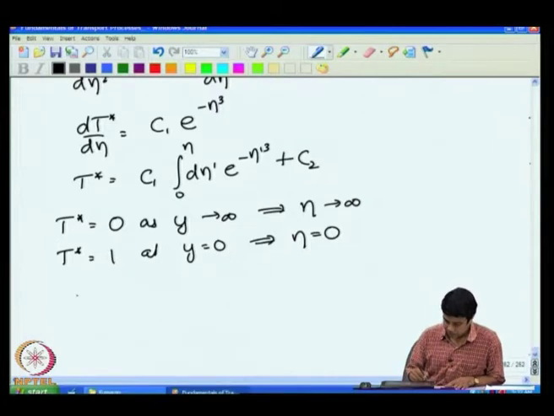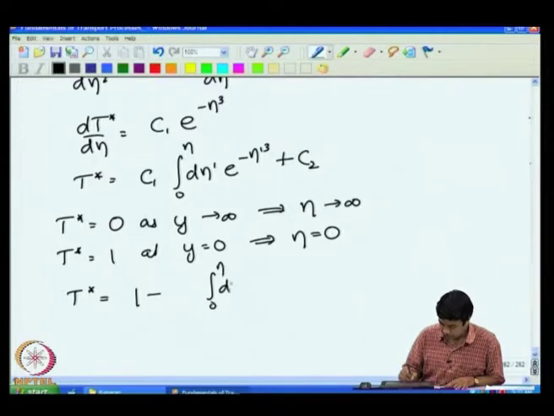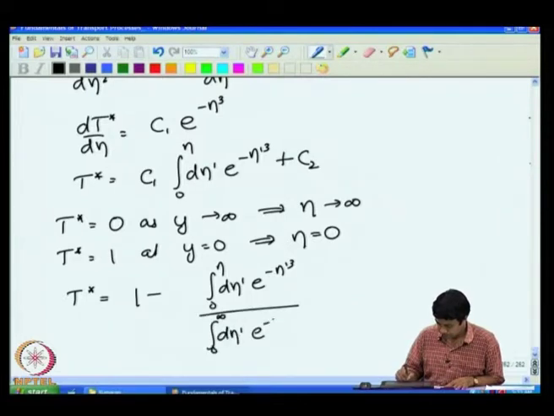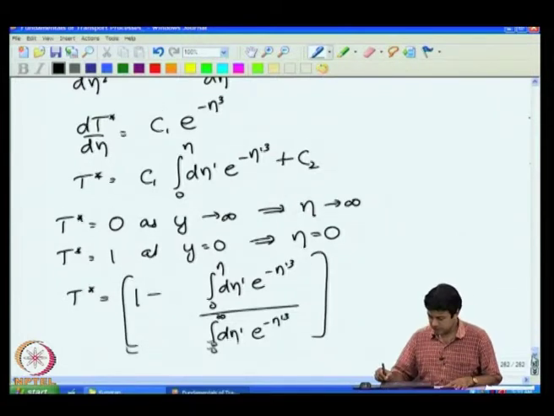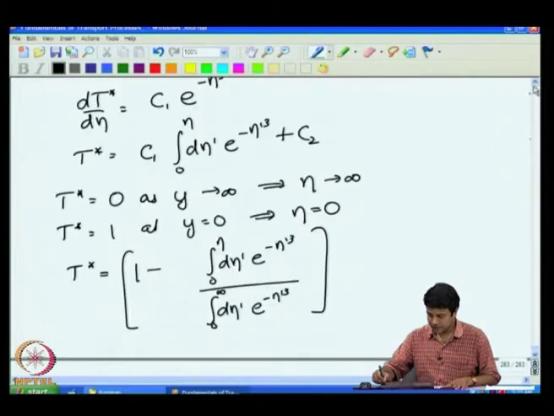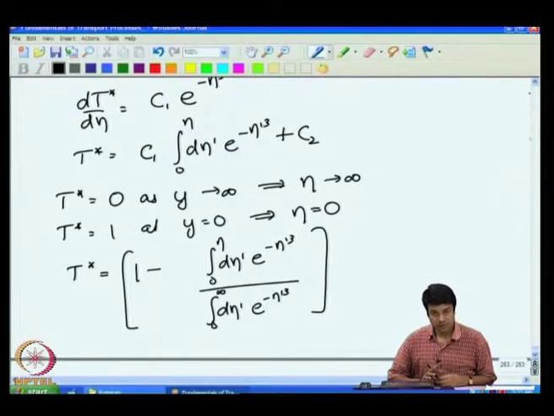And in terms of these, I can get the solution T star is equal to 1 minus integral 0 to eta d eta prime e power minus eta prime cubed by integral 0 to infinity. So, this is the final scaled temperature equation in terms of the variable eta, which is y by h of theta.